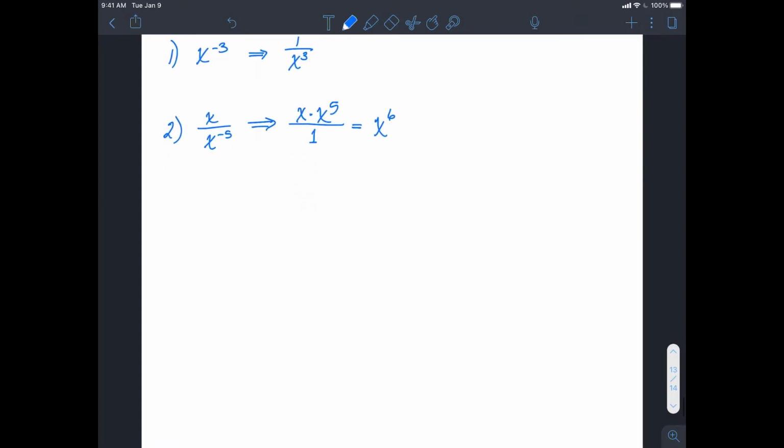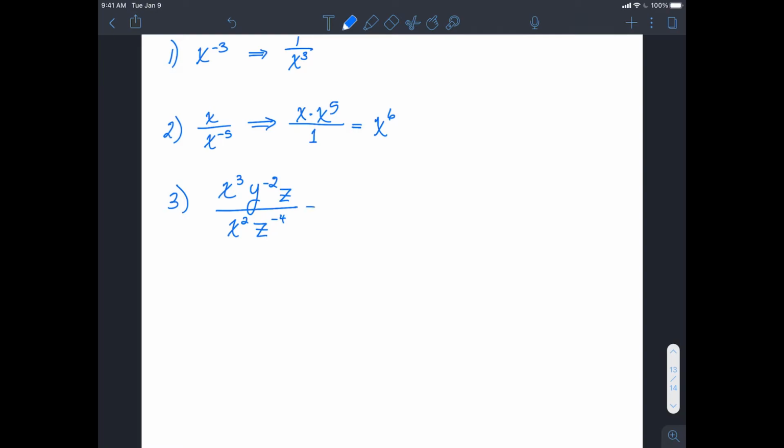Now here's an example where we have to do a little bit more work. We'll take x to the third, y to the negative 2, z, over x squared, z to the negative 4.